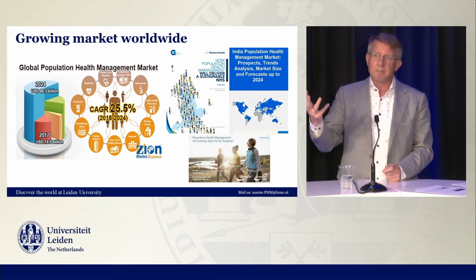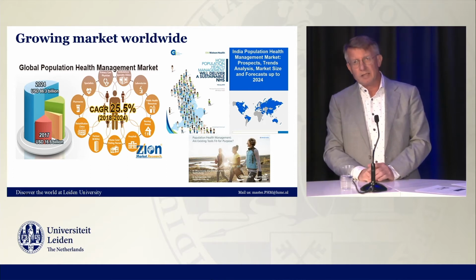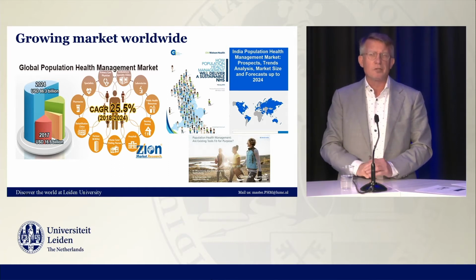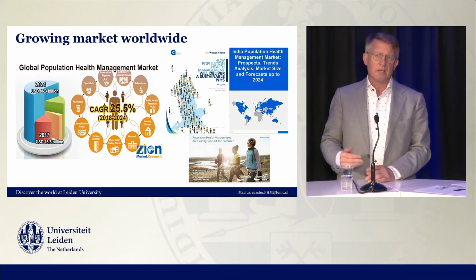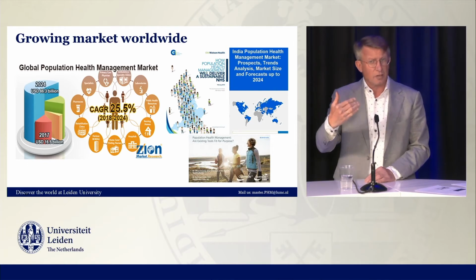In developing countries, they are looking at population health management because our point of departure is the needs of the population and not the organizational and the institutional structure which is there. So we see a growth in market.